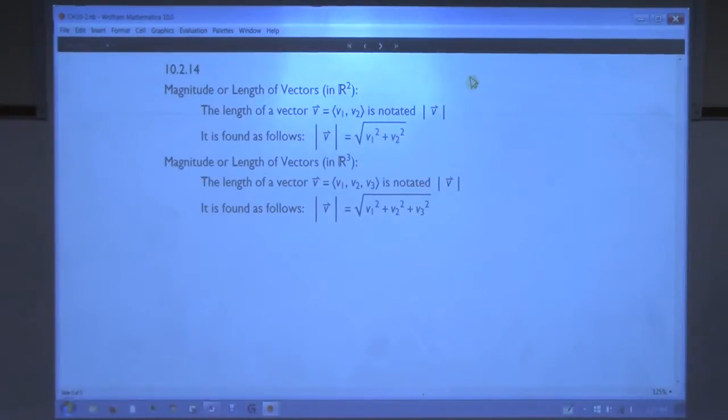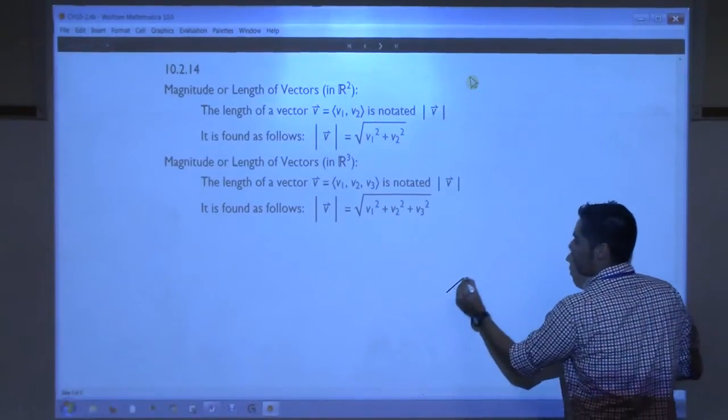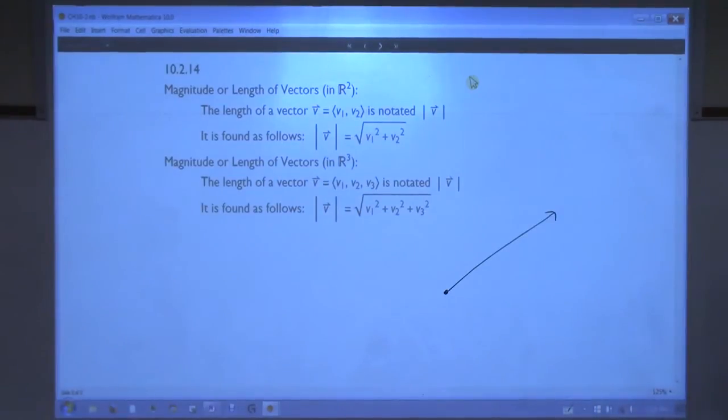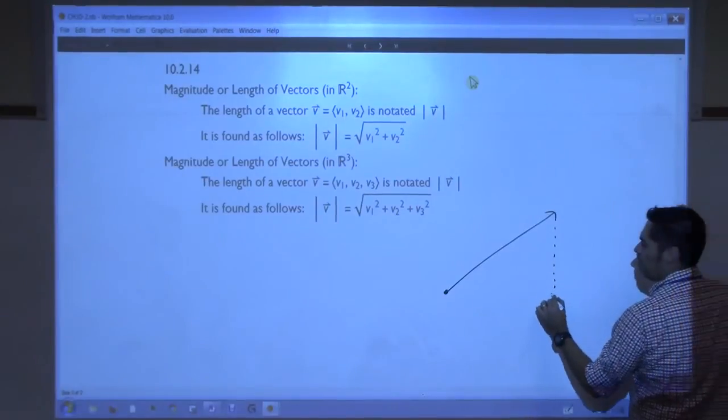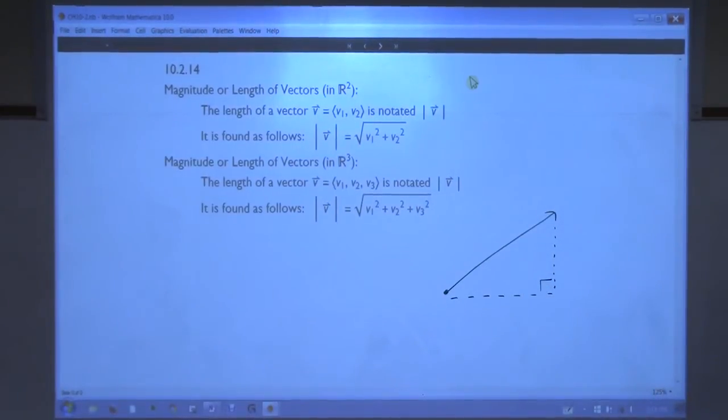All right, so now we talk about the magnitude or length of a vector. If you go back and look at some arbitrary vector, let's say in two-dimensional space, and we want to know how long it is, does it make sense that we would apply some sort of Pythagorean theorem to it?